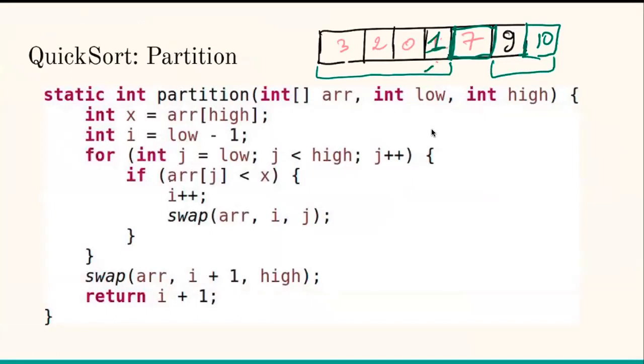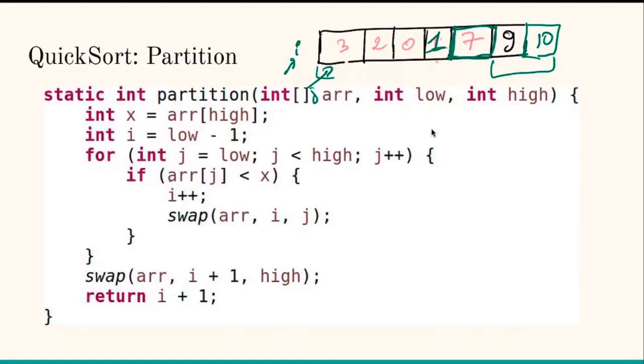So this is our pivot. We have I here, and G will start there. So what can you see? You see that I'm performing the operation in the same array. I'm not creating any extra array. I'm just performing swapping. Okay. This means this is in place. Okay. So we have G here.